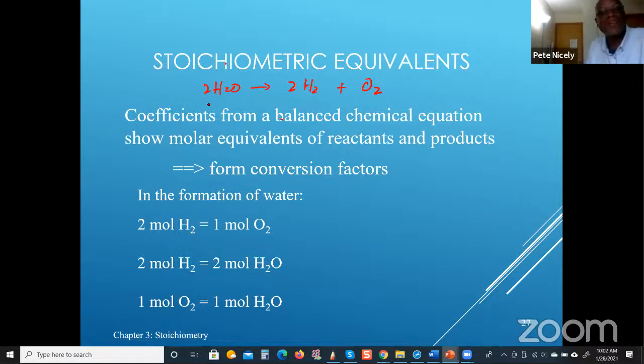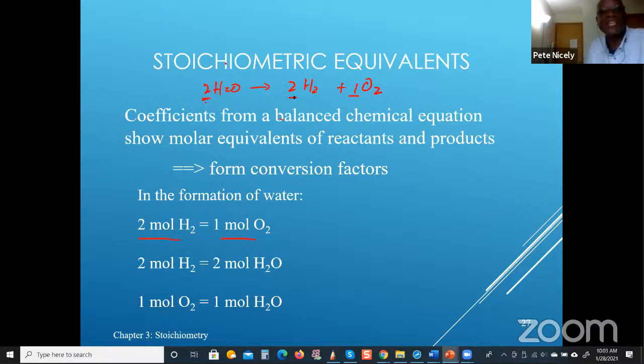So for example, you can see that there's a coefficient of 2 here for the H2O, and there's an understood coefficient of 1 here for the oxygen. So there's a 2-to-1 ratio between the molecules of water and oxygen. So therefore we can express that as an equivalence as shown here, 2 moles of hydrogen to 1 mole of oxygen.